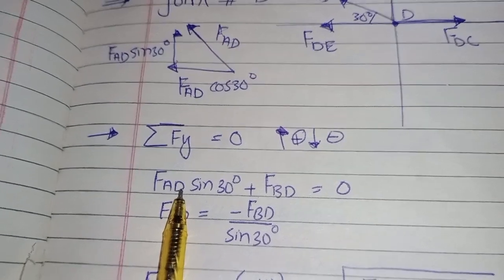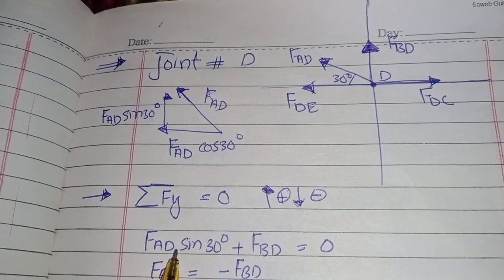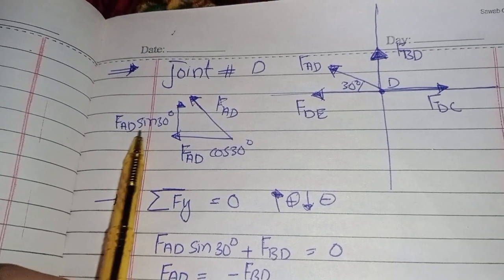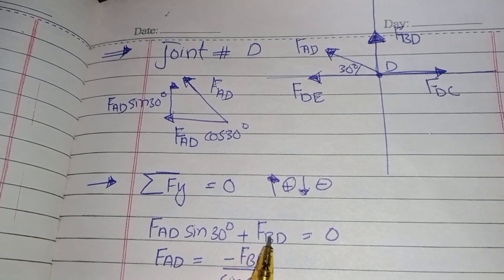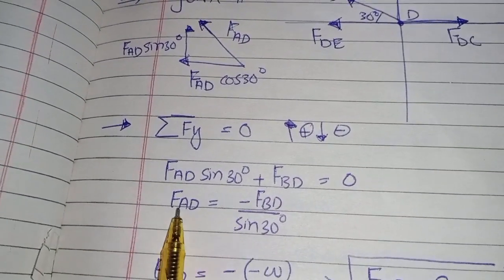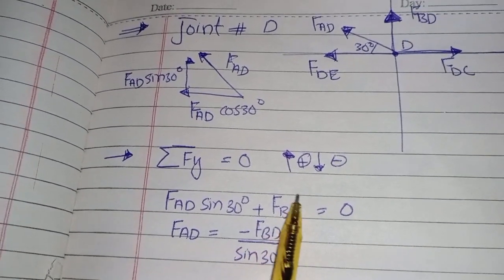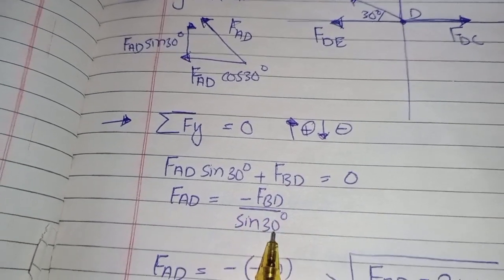So I take this force FAD sin 30 degree plus FBD equal to 0. So FAD equals negative FBD divided by sin 30, because FBD is known to us.